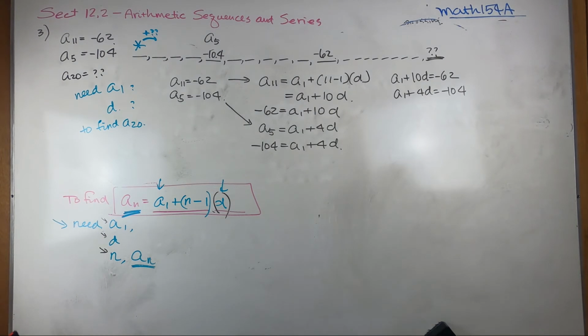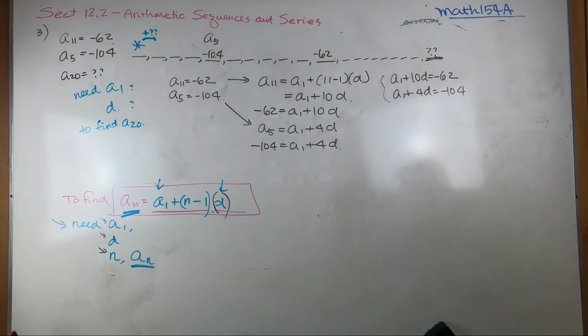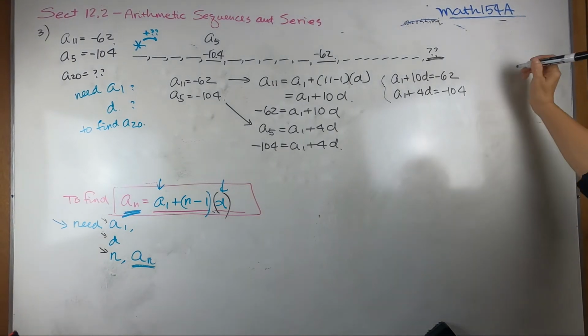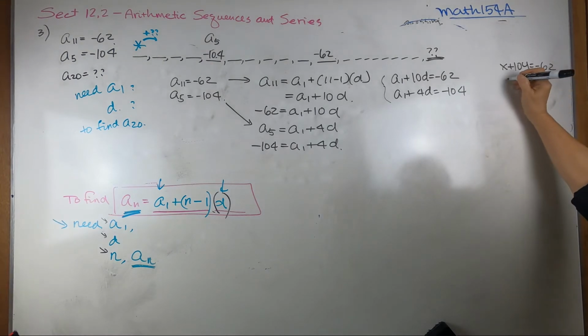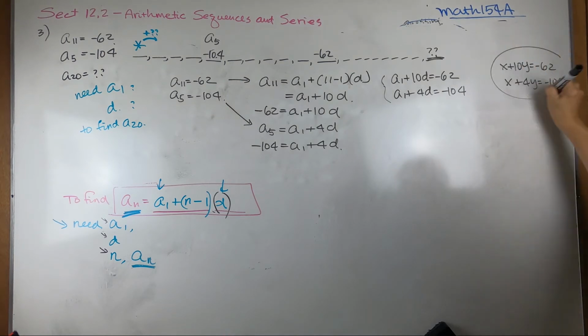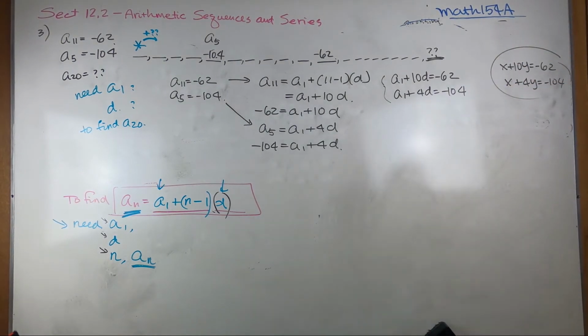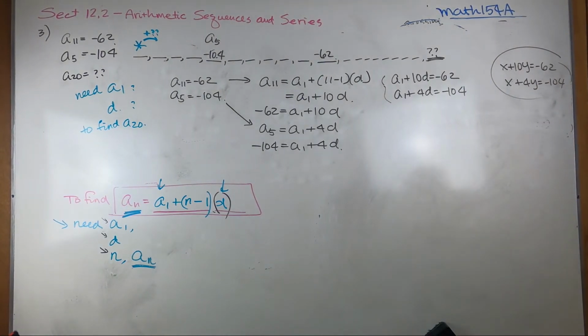However, if I do it this way, if I put a curly brace there, does that look familiar? It's like x plus 10y equals negative 62, x plus 4y equals negative 104. Does that look like that one? Similar? 2 by 2. That's in your 152B class. This class at the beginning, we did 3 by 3, right?